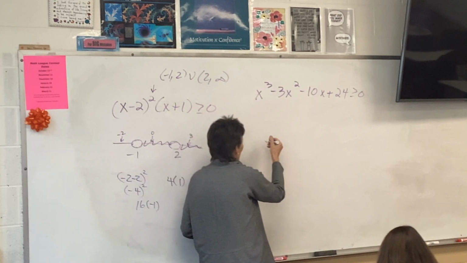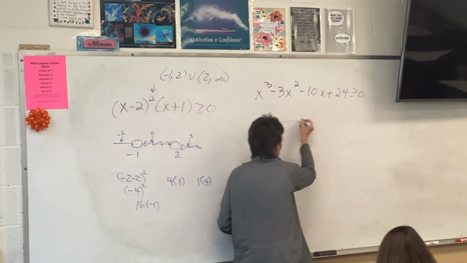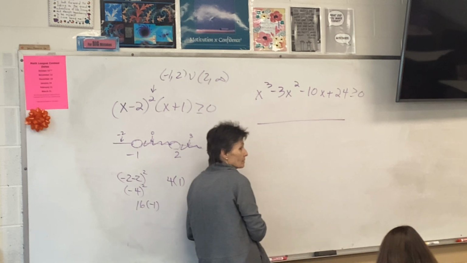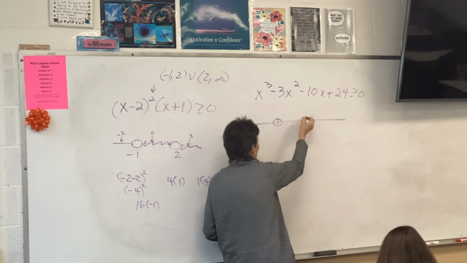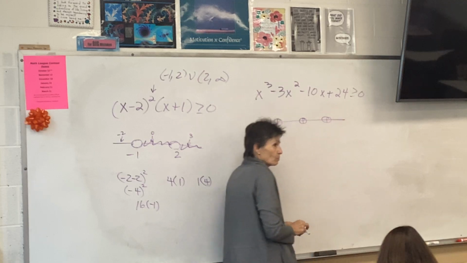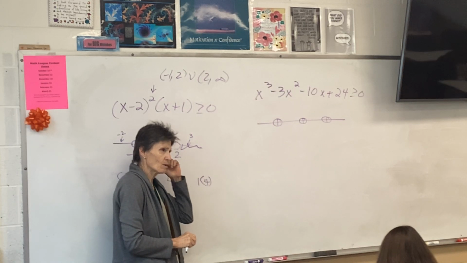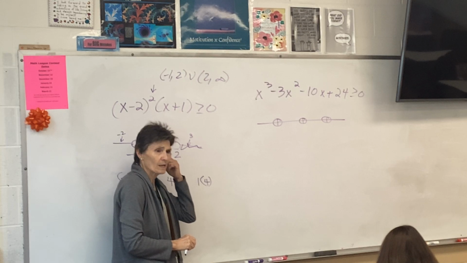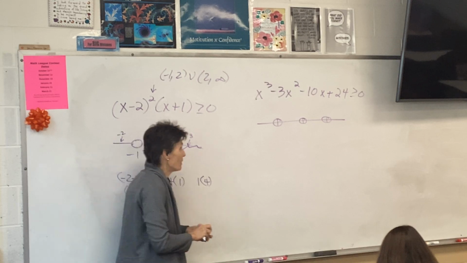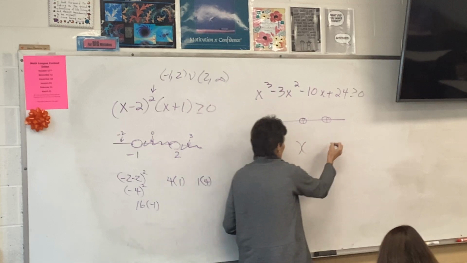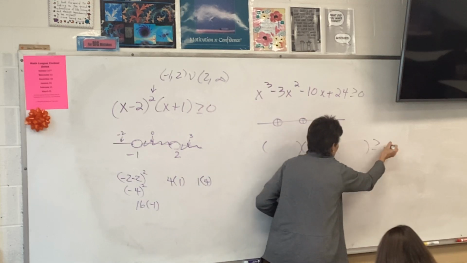It's an inequality, so we're going to have a number line. Chances are the number line is going to have 3 dots on it. How do I know that? X cubed. That means I'm ultimately going to end up with 3 factors.